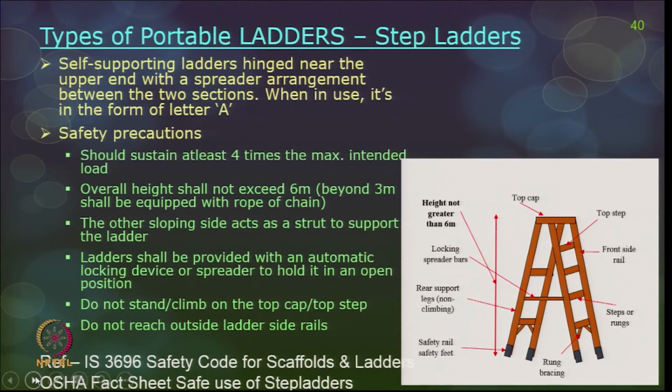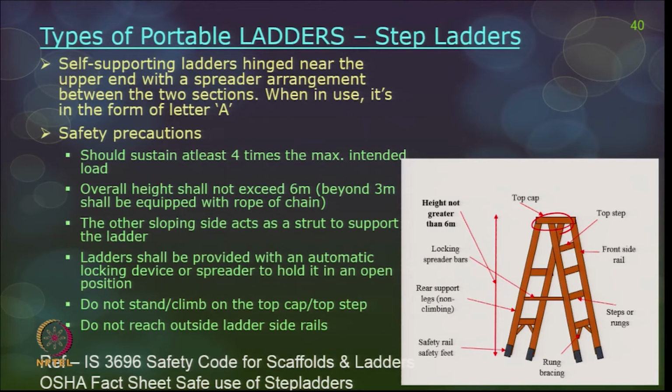Okay. The next type of portable ladder is the step ladder. This is also called an A ladder because it has the shape of an A when in full expanded position. It is a self supporting ladder, hinged near the upper end. The upper end is closed together with a spreader arrangement between the two sections.